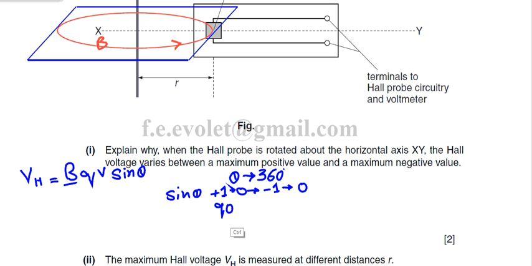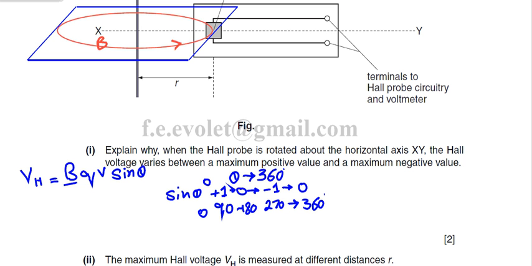When you rotate it further, at 180 degrees it's 0, at 270 degrees it's -1, and moving forward to 360 degrees, it's again 0. So that's why it varies, right?